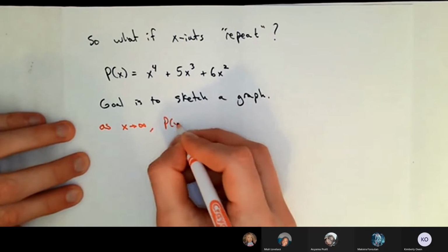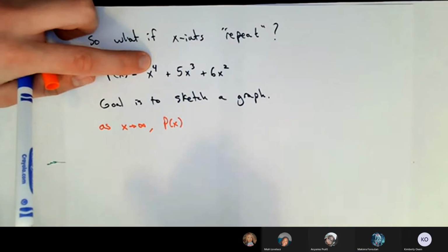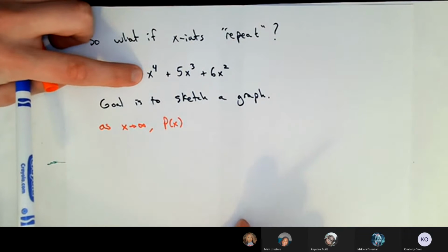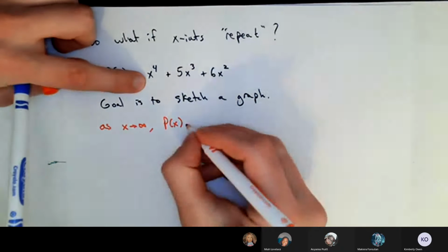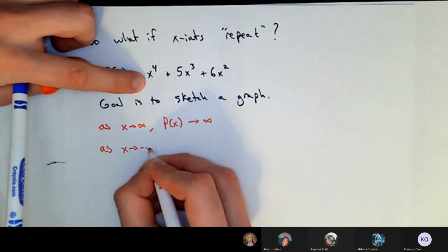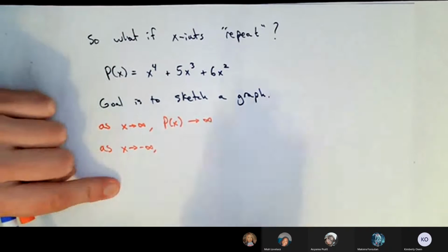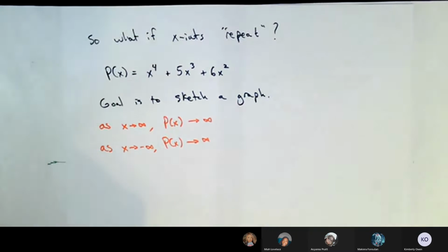Well, the degree is even, so I know both legs are either pointing up or down. And since it's a positive leading term, in other words, it's just a +1 here, then both legs are going to be pointing up towards positive infinity. As x tends to either direction, p of x is just pointing straight up. Okay, so that part, no problem.